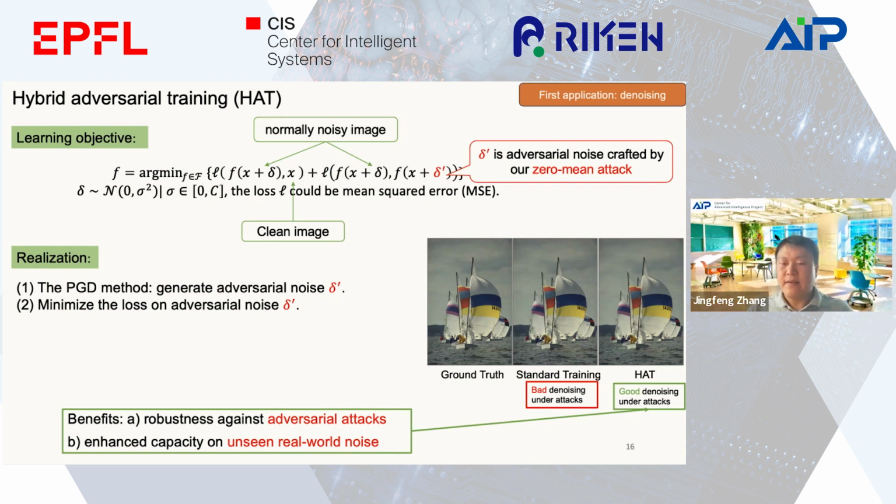We guess it is because adversarial attacks can exploit the worst-case noise. Learning from those worst-case noises can make the deep image denoiser deal with various types of unseen noise.